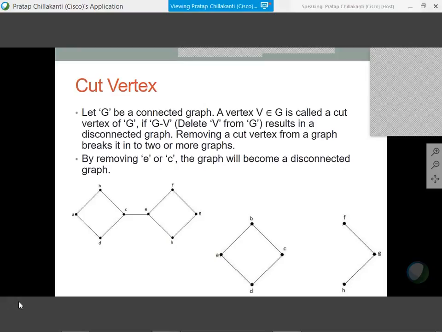If you delete the vertex, the graph would be disconnected. That is what a cut vertex means: G minus V, deleting V from G, results in a disconnected graph. By removing a cut vertex, you're breaking the graph into two or more graphs.